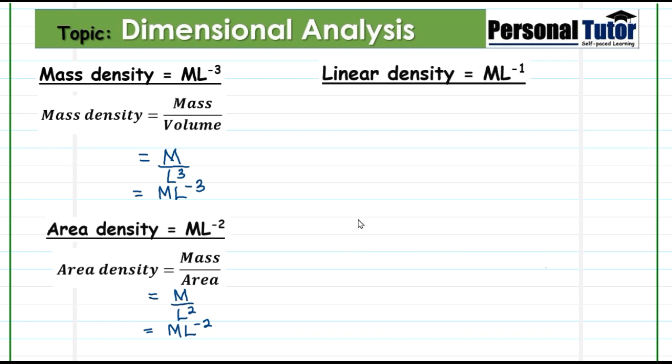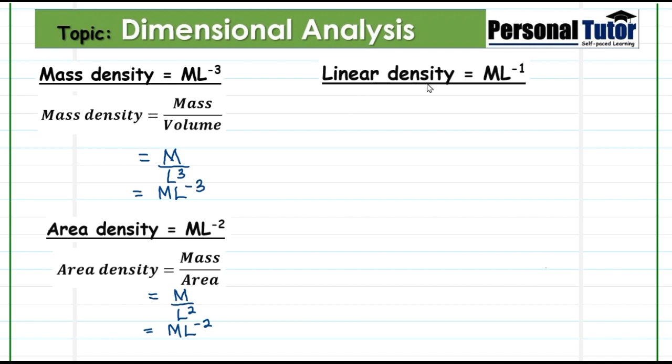Now to linear density, ML exponent negative 1. So I hope you have noticed that we have linear density, area density, and mass density. Most students are used to the mass density because for short it is called density. But don't forget the area as well as the linear density.